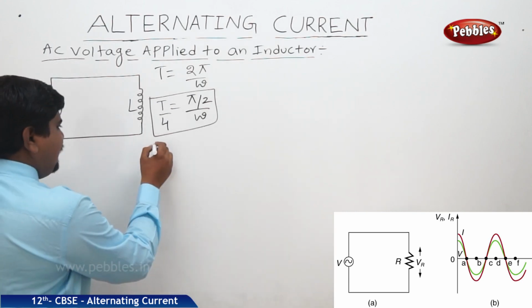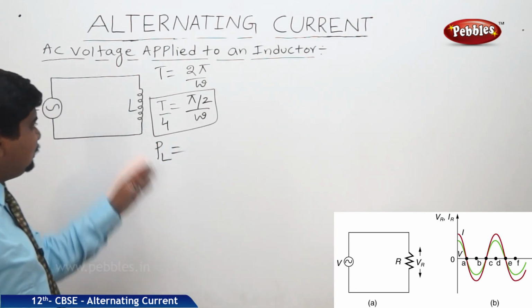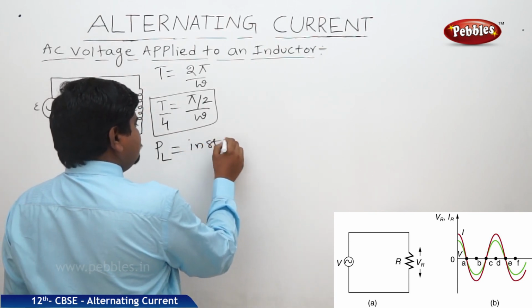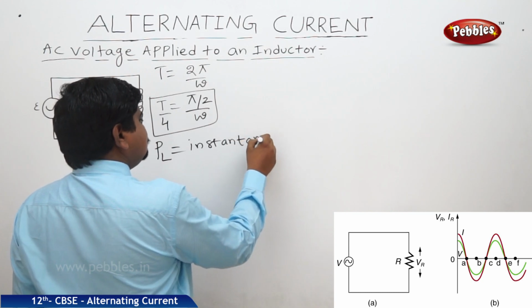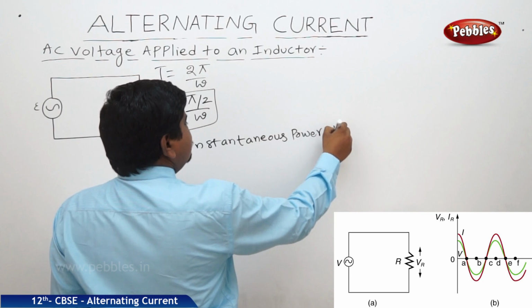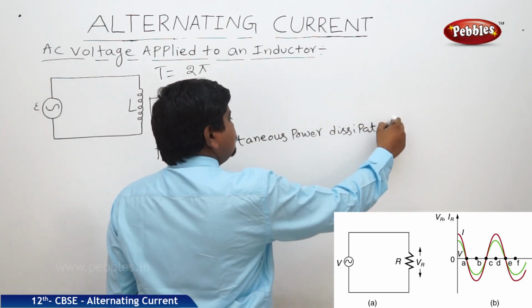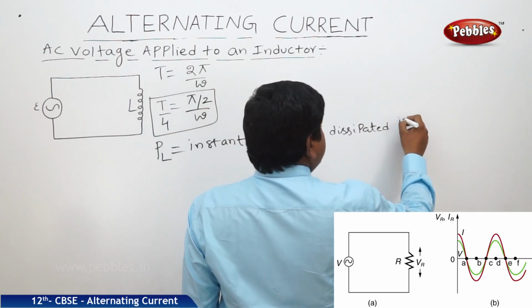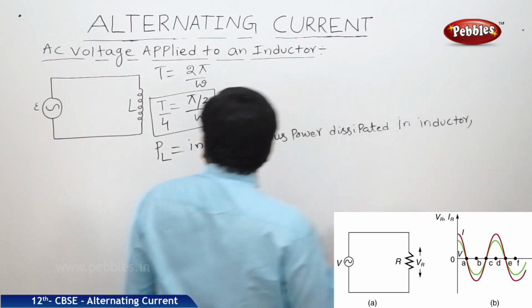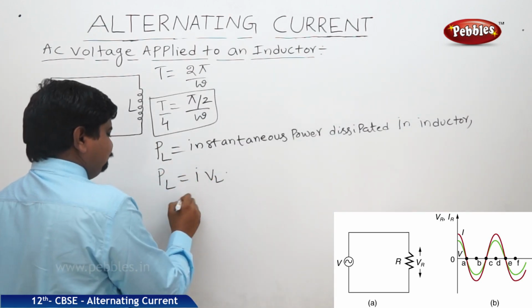Now we will see the average power consumed. What is the instantaneous power dissipated in an inductor? PL is equal to I into VL.